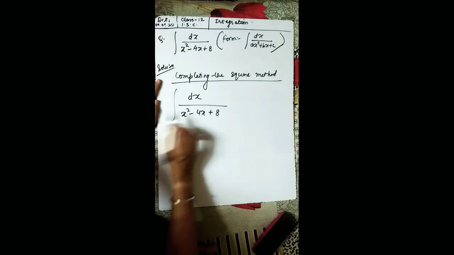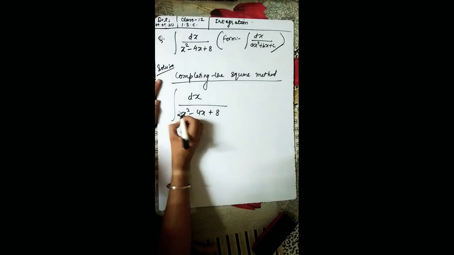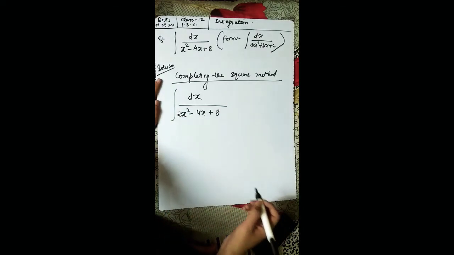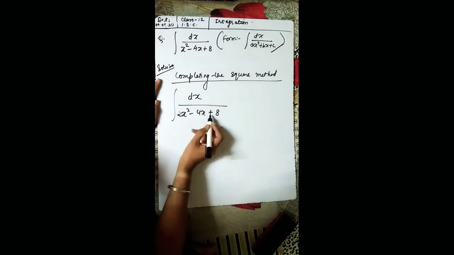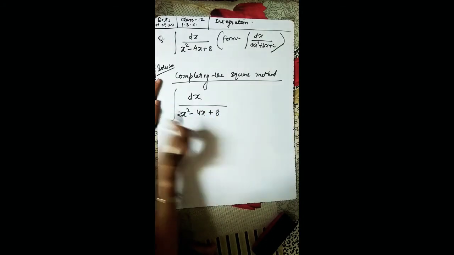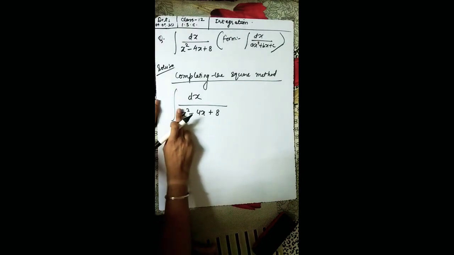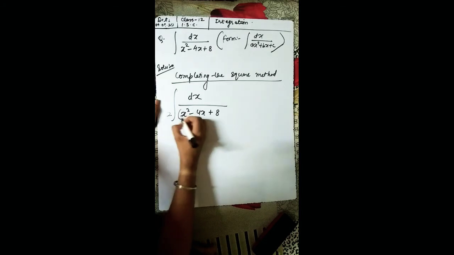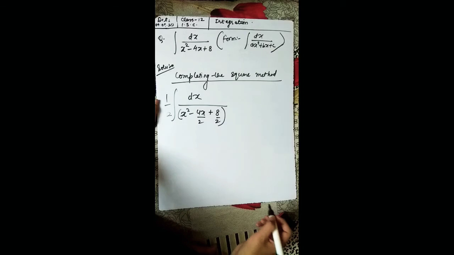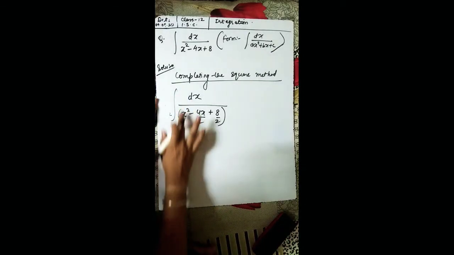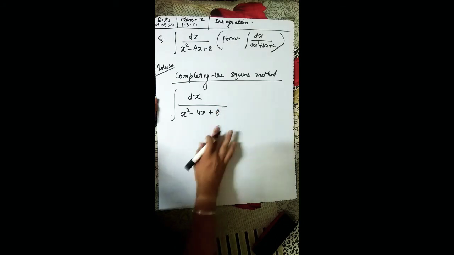Unity is there, so we don't have to divide this equation by any number. If 2x square would be there, we would have to take 2 common, just to make this x square unity. I mean to say you need to take 2 common in the denominator, and this will be divided by 2 and this will be divided by 2. So we don't have such a case, so no worries.